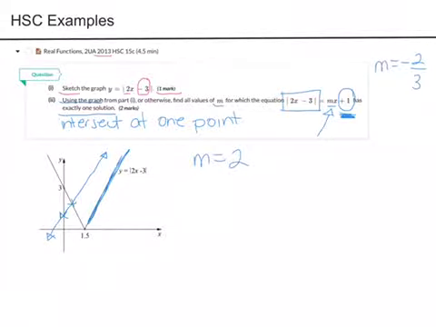Now, if we make this gradient more shallow, remember that that will draw it down towards the x-axis, meaning that eventually that line will cross at a second point. So that is not a valid solution.